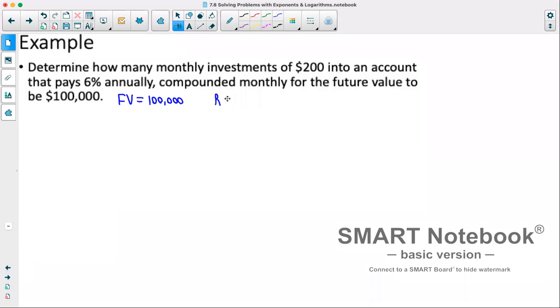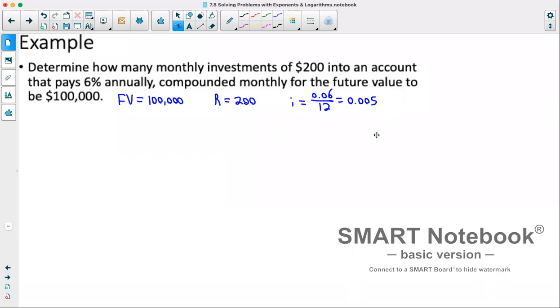We have regular payments of 200. And we have an interest rate of 6%, so it's 0.06. It's compounded monthly, so we need to divide that by 12. So that gives us an i of 0.005.